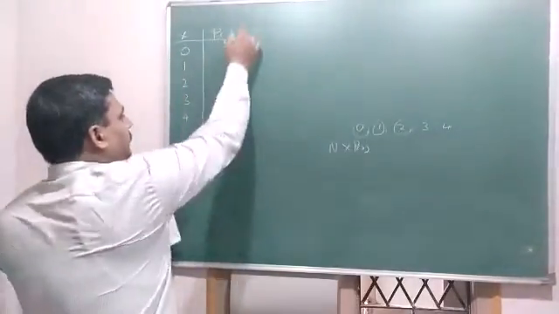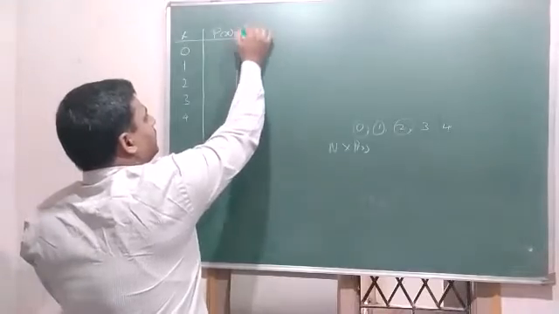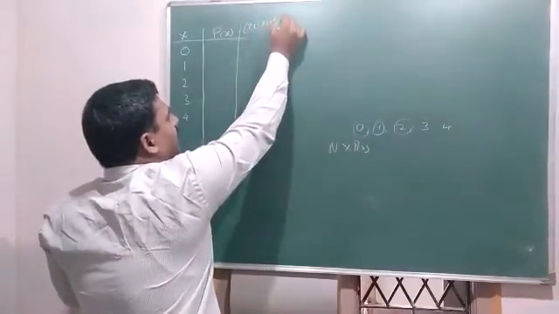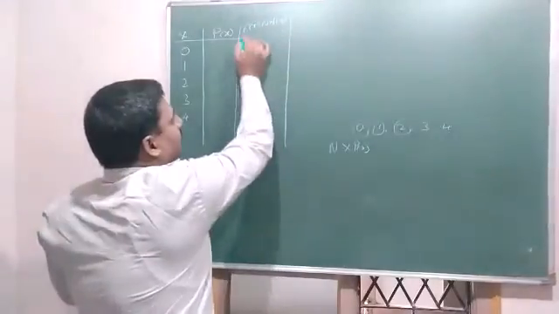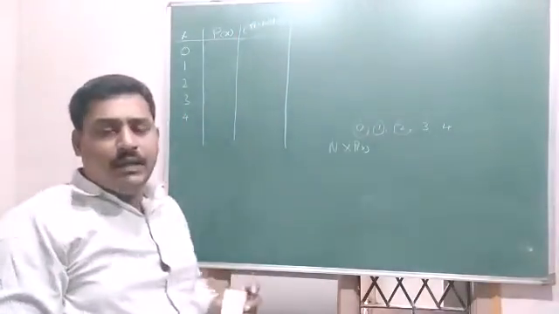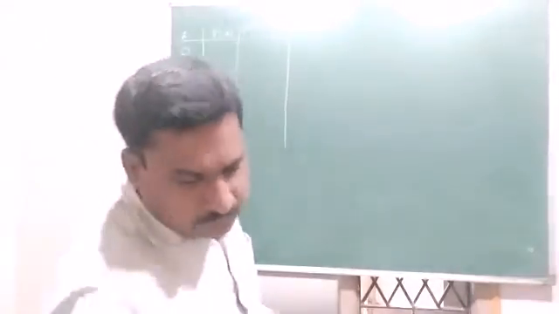Then the theoretical frequency, that is T of x, is equal to N into p of x, where N is capital N. So the probability mass function here.